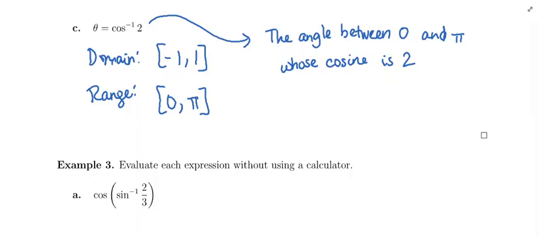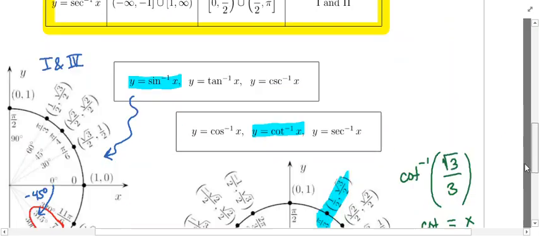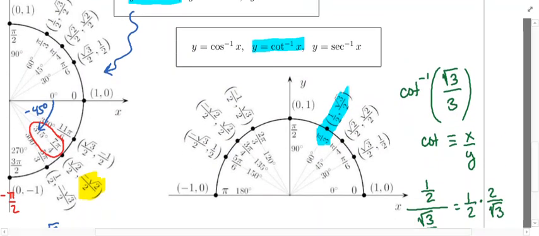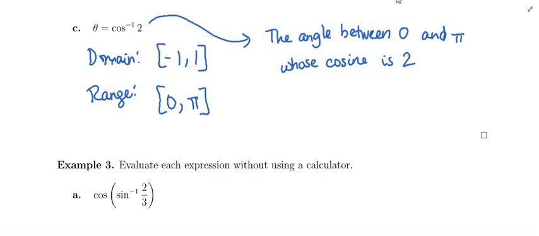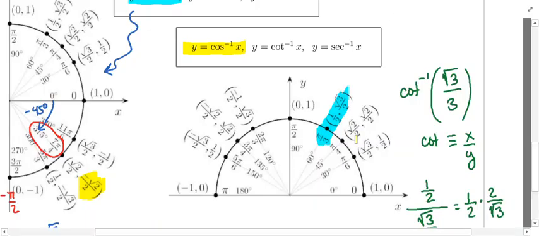If we go back to page 7, we know we need to use the top half for cosine, and cosine is associated with the x-coordinate. So you're looking in the top half of the unit circle for an angle that has a cosine, or an x-coordinate, of 2. When you scan this, none of these called out angles on the unit circle has an x-coordinate of 2.